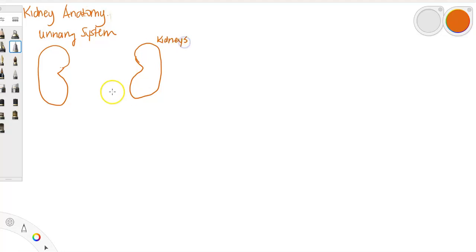So the urinary system is your two kidneys, so we've got right kidney, left kidney, and there's a tube that comes out of both of these.